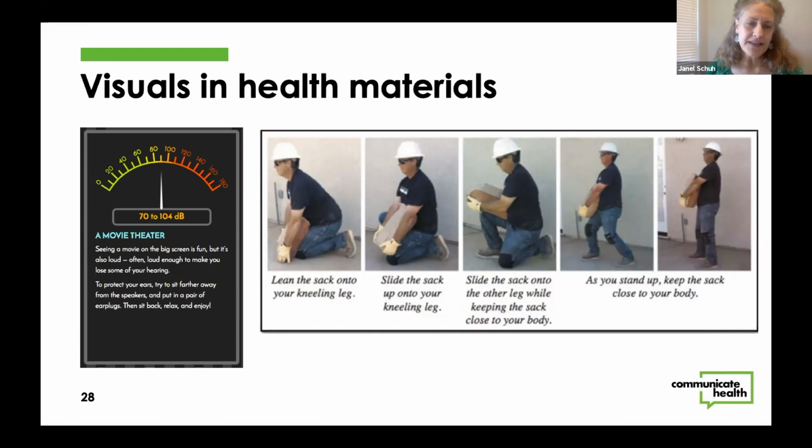So one of the things that we really want to talk about here is that visual aids are intended to be one way to help people, especially people with limited health literacy, to more easily understand health information and to use that information.